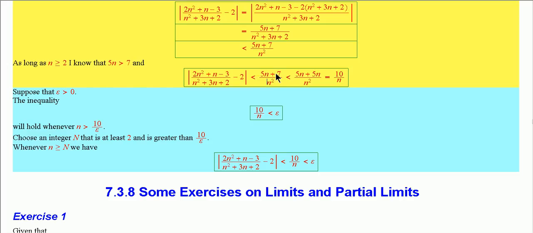Oh, you mean don't bother to do this? Yeah. Then I could say, okay, down here, instead of this, I could have said the inequality 5n plus 7 over n squared holds. But then you know what? It's more messy. There's an n squared and an n. It's a quadratic inequality. It's more messy. I'm talking about just the numerator. It's harder. Well, it's not just the numerator.